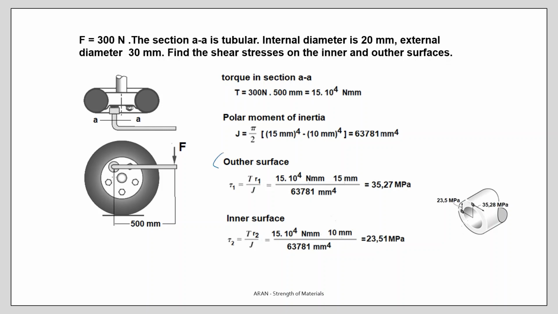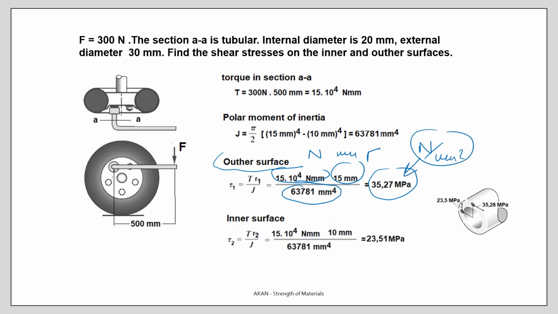For the outer surface, torque, polar moment of inertia, radius. That's my result. So in this case, Newton and millimeter are used. The result is Newton per millimeter square, which is directly megapascals.